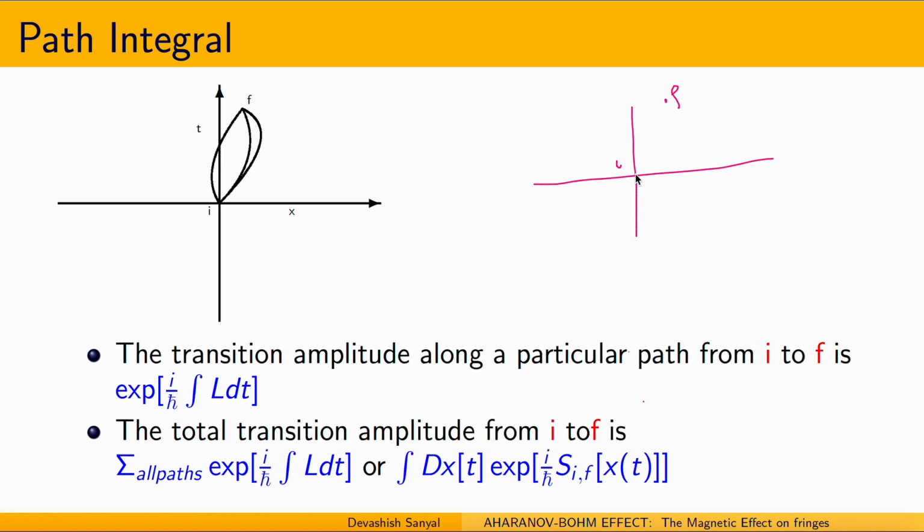I can take this path, or this path, or this path. In fact, there are an infinite number of paths which will take us from I to F.